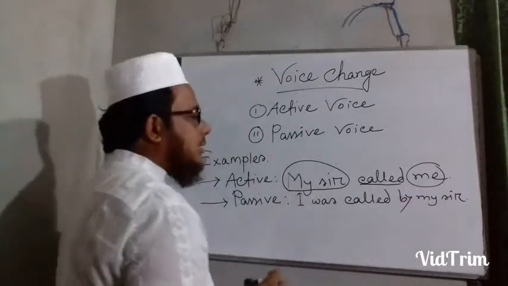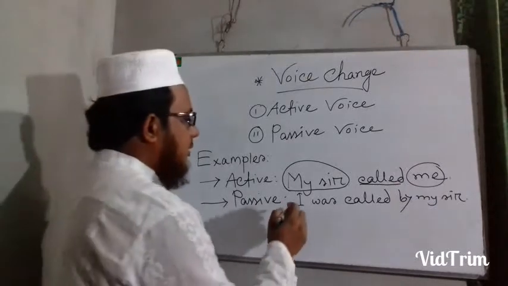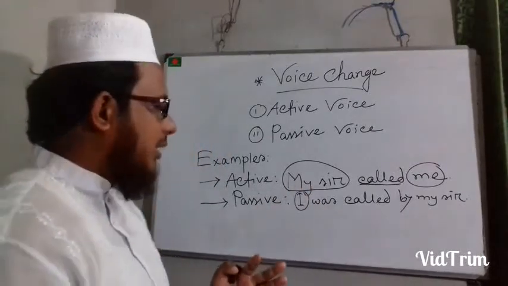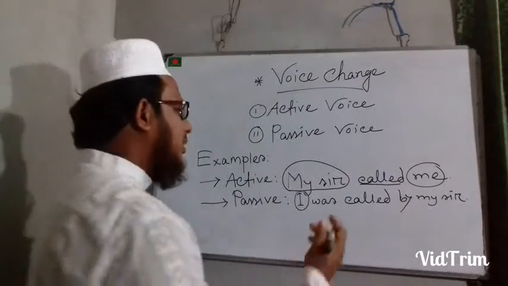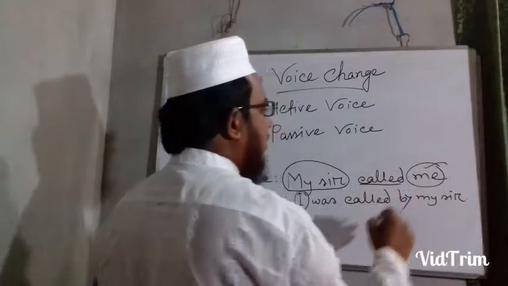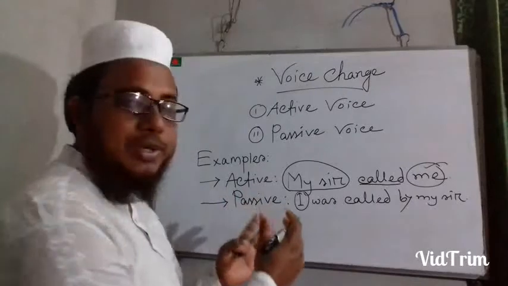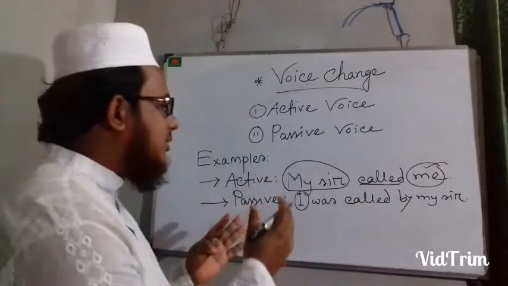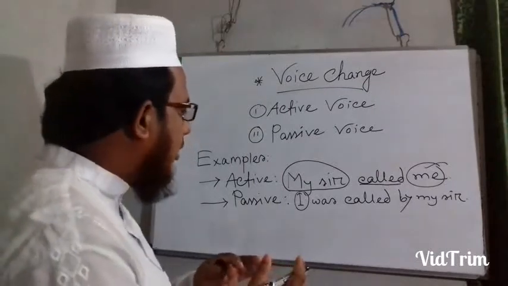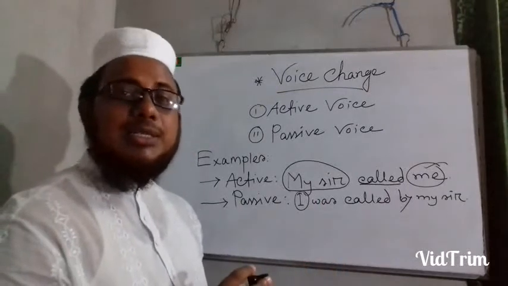In this sentence, we can notice that the object has become the subject, because in the active voice, me was the object, but in the passive voice, me has already taken a seat as the subject.